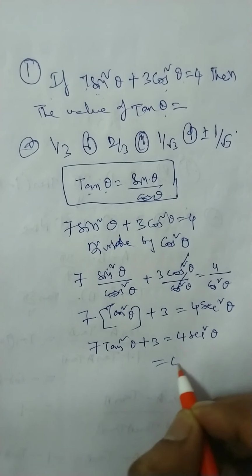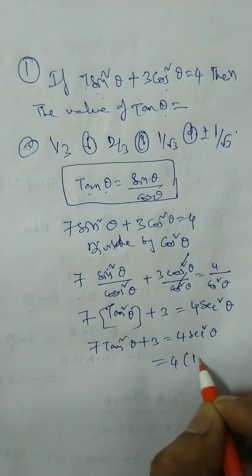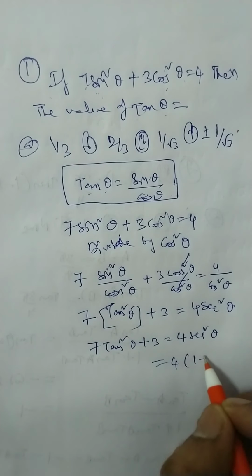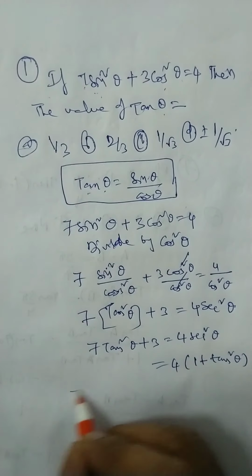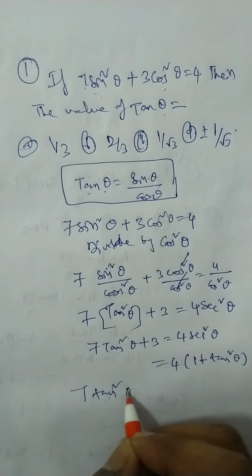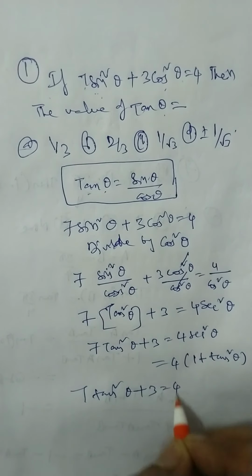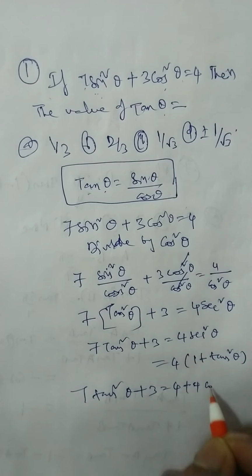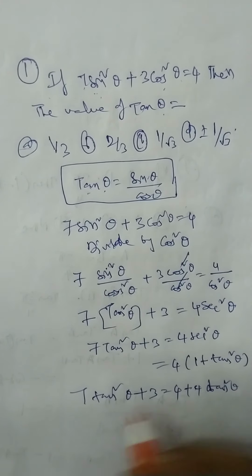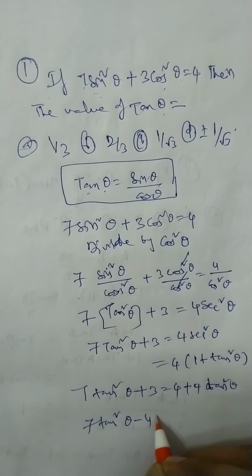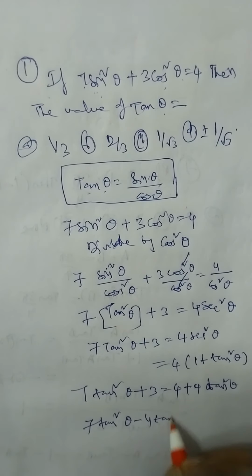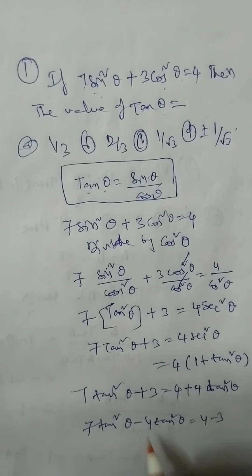We can write secant square theta by the relation between secant and tan as secant square theta is equal to 1 plus tan square theta. So we get 7 tan square theta plus 3 is equal to 4 plus 4 tan square theta. Taking the tan square theta to the left side, 7 tan square theta minus 4 tan square theta is equal to 4 minus 3.